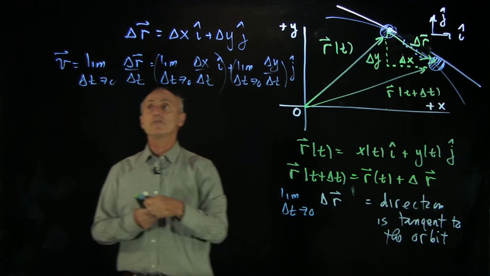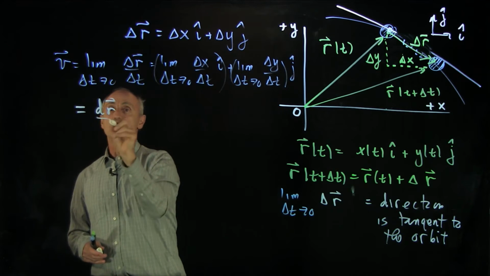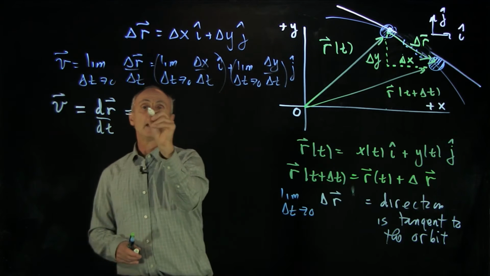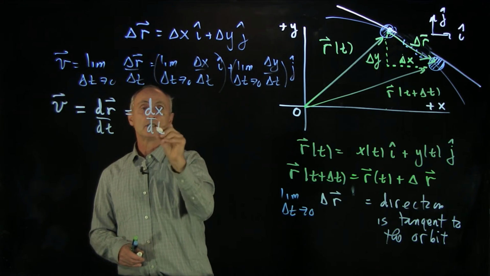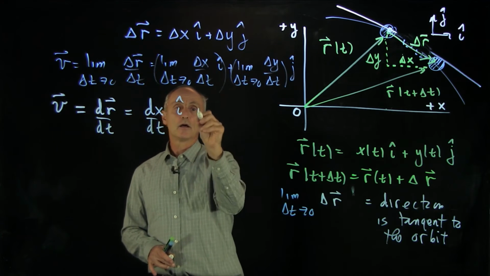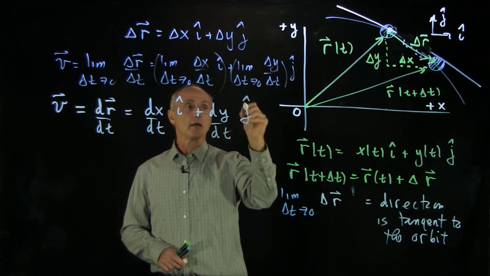And the definition of these limits, we'll write as the derivative dr/dt. So the velocity is dr/dt, and that's equal to dx/dt, how that coordinate function is changing in time, i hat, plus dy/dt j hat.